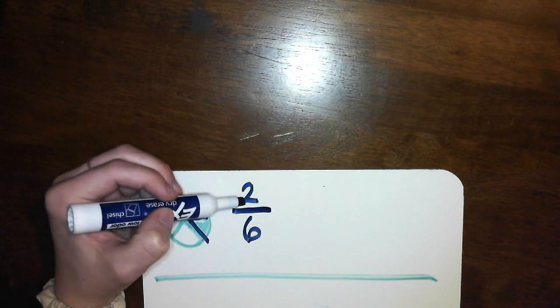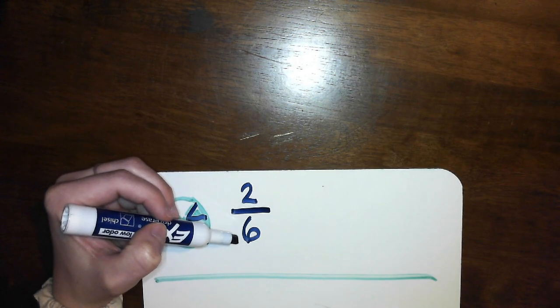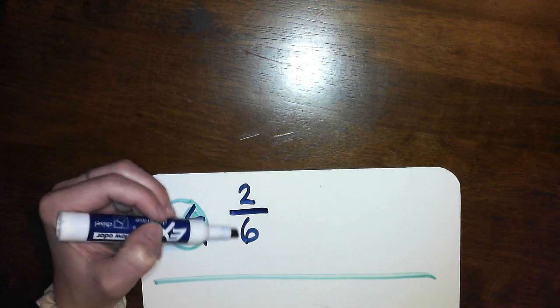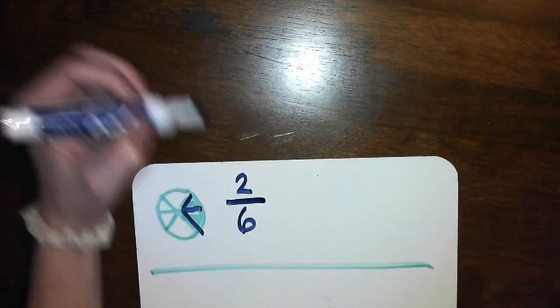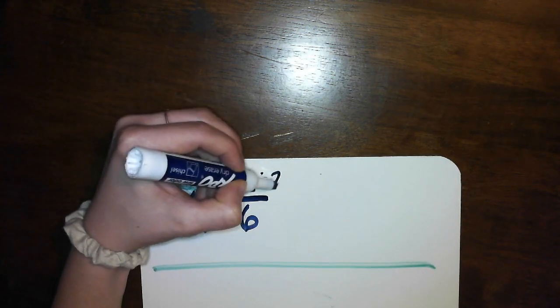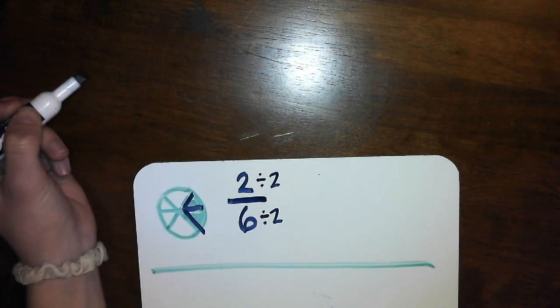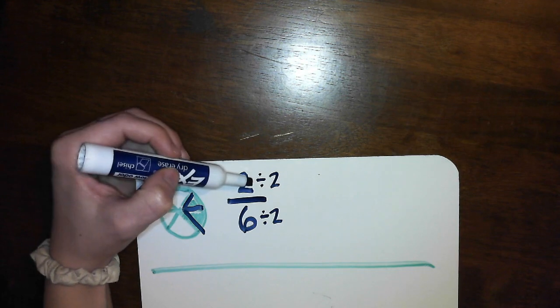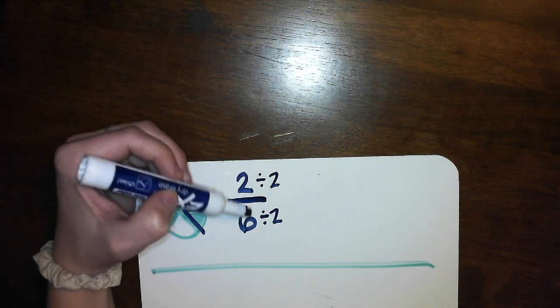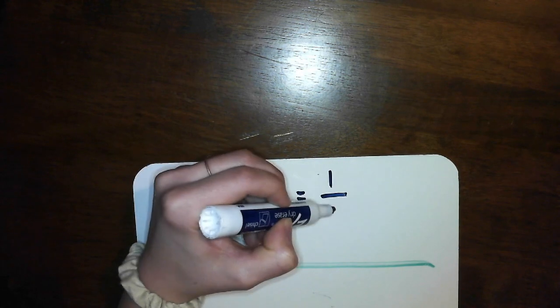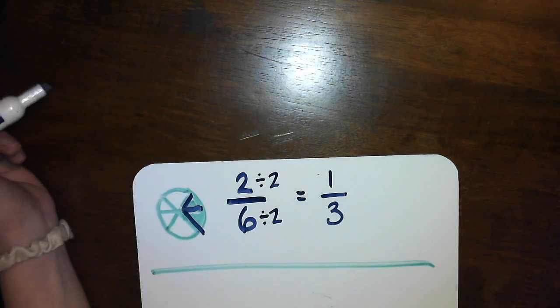Now when I look at 2 and 6, I think, is there a number that I can divide both 6 and 2 by? And I know 2 can be divided by 2, and so can 6. So what I'm doing is I'm dividing 2 from the numerator and 2 from the denominator. So I'm going to make an equivalent fraction of 1/3.